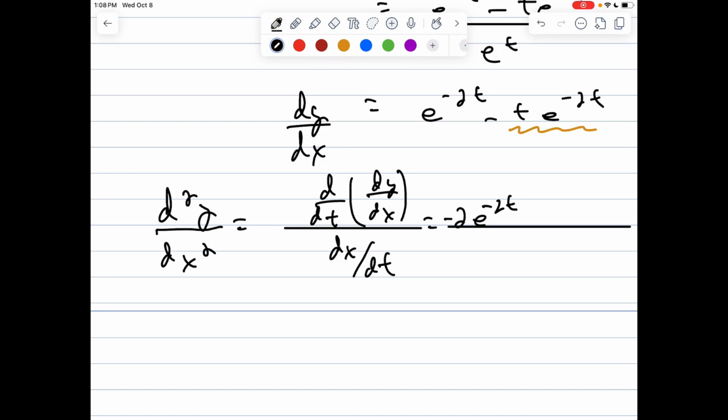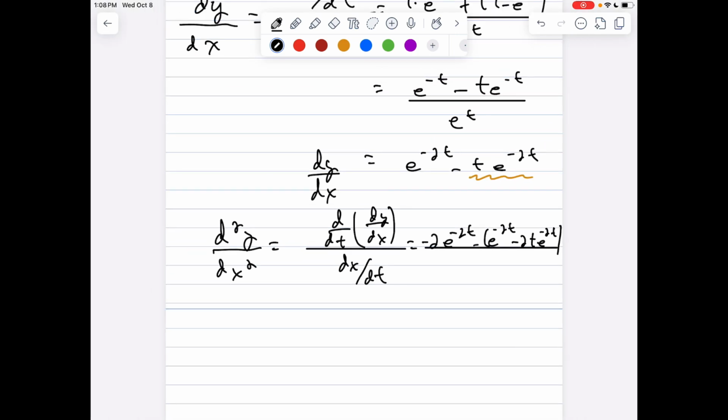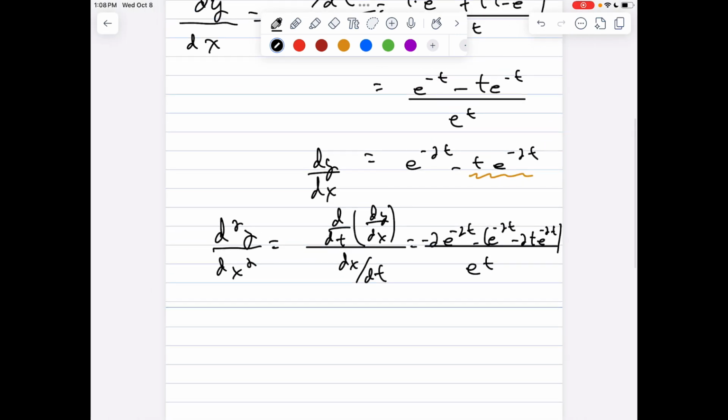The derivative of t is 1, so you get e to the minus 2t, and then the derivative of e to the minus 2t gives you negative 2 e to the minus 2t times the t there. So you have all of this, all divided by dx/dt, which is, again, just e to the t like we had the first time.